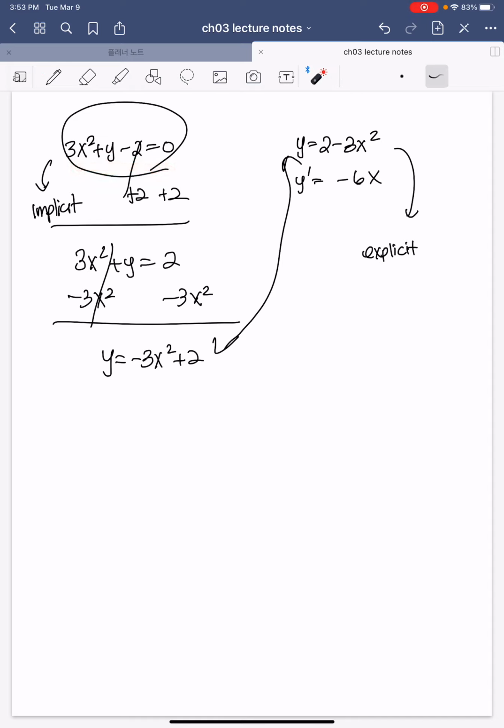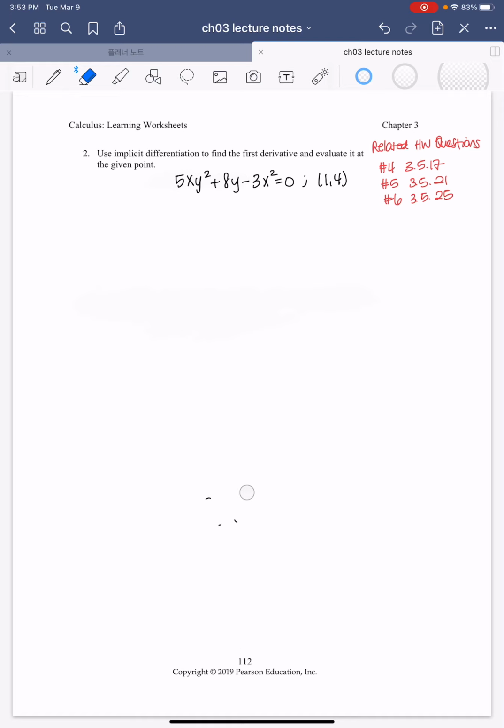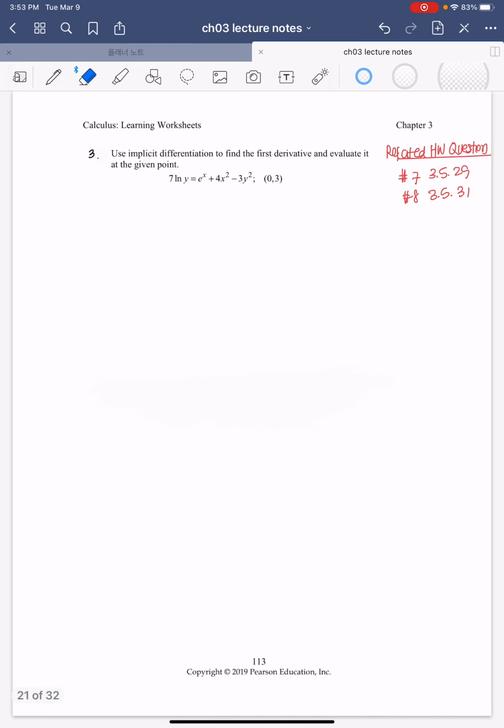Now, sometimes it's better to take the derivative on this form because we have seen equations where solving for y can be difficult. Let's say something like this, where we have this type of equation.